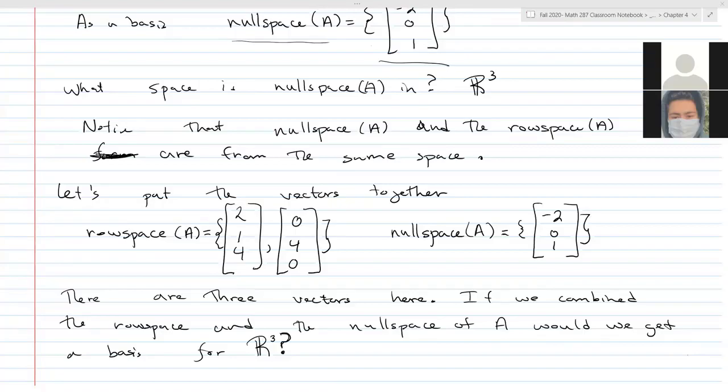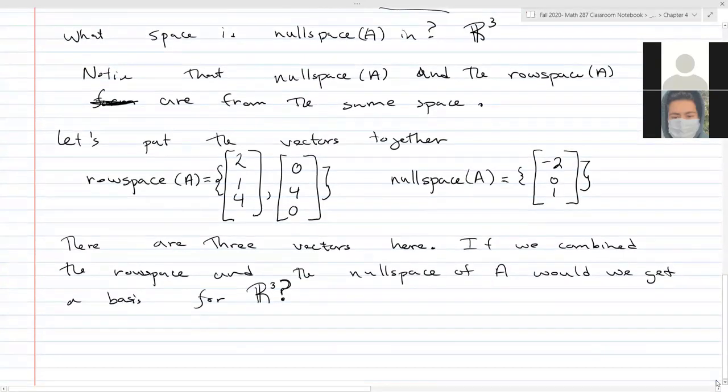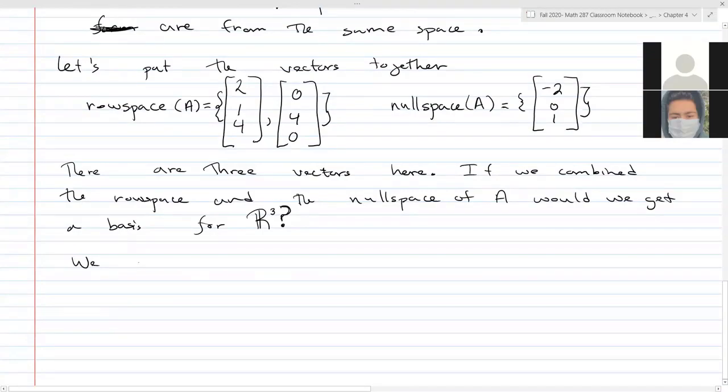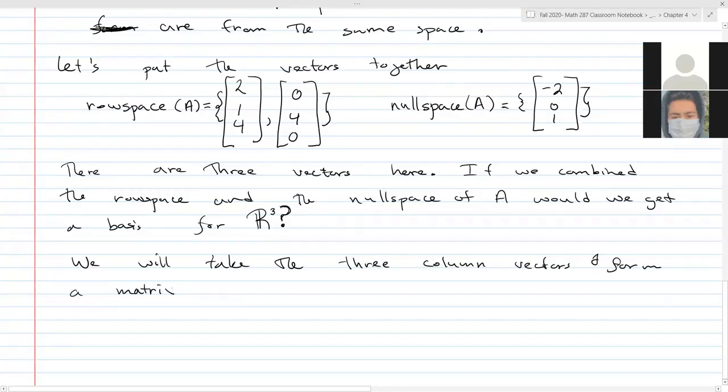Everybody caught that? That's what we've done throughout the last couple of weeks. We take those 3 column vectors and form a matrix.